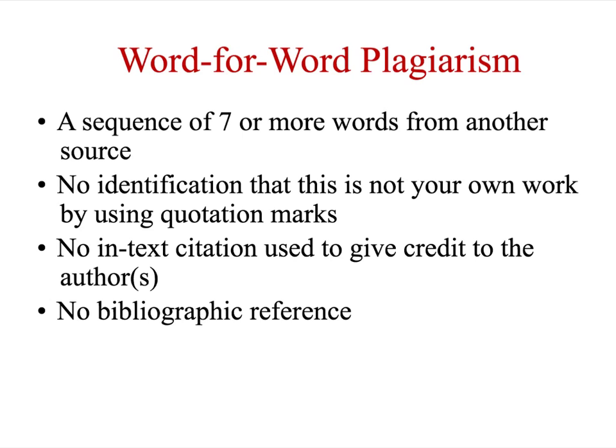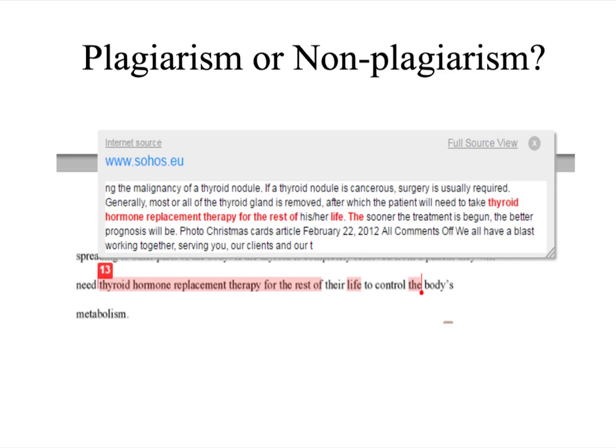So now that we went through the definition, let's look at some specific examples of word-for-word plagiarism. In this particular example, we see the area that's highlighted in red and marked with number 13.